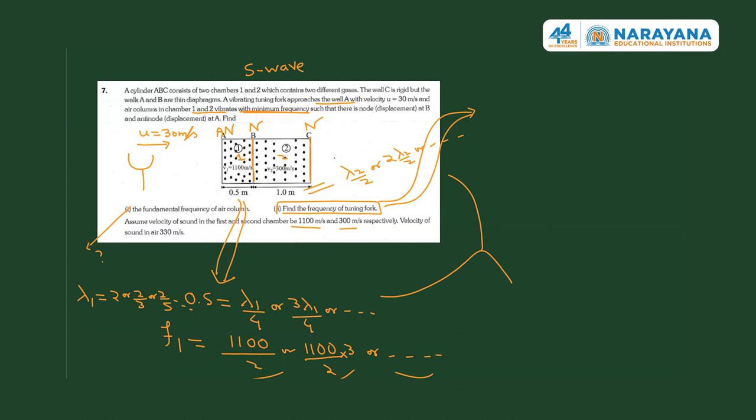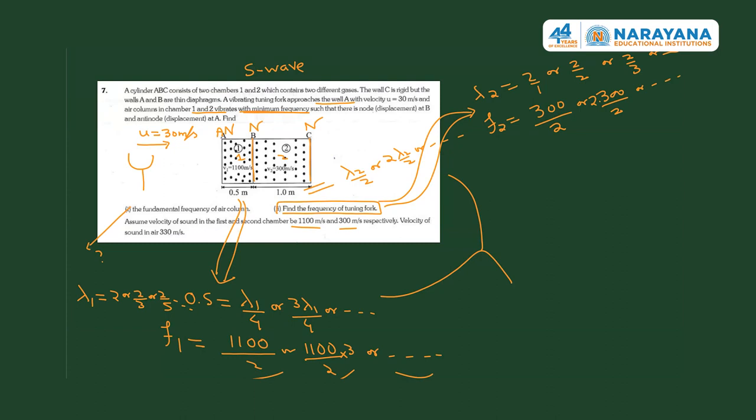Similarly, when we talk about this F2, the lambda 2s which are possible are 2 or 2 by 2. These are the values which are possible, 2 by 3, so on and so forth. And so possible frequencies here, for velocity being 300, are 300 by 2 or 300 by 2 by 2 and so on.